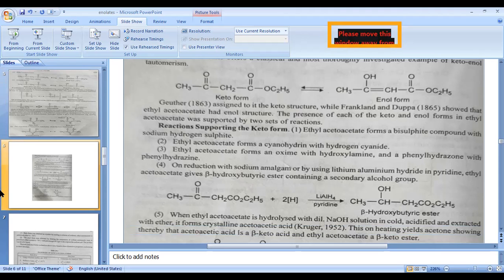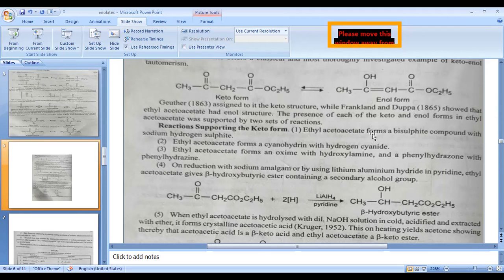If a compound contains a carbonyl group, it forms an addition compound with sodium bisulfite, hydrogen cyanide, etc. So ethyl acetoacetate forms a bisulfite addition product with sodium hydrogen sulfite, NaHSO3.